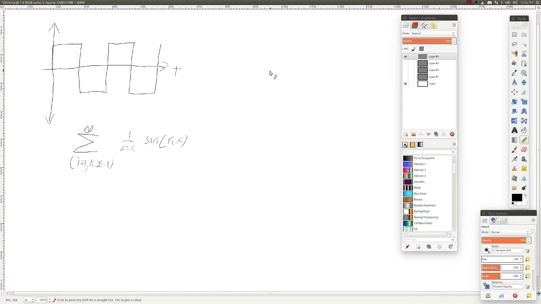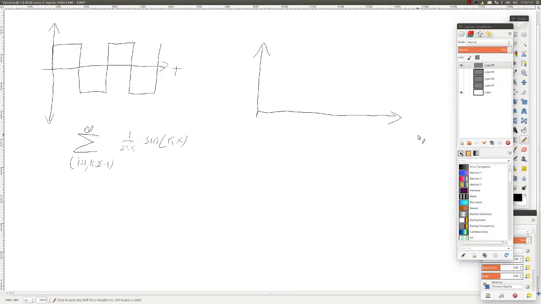This creates a frequency domain representation that looks like this.